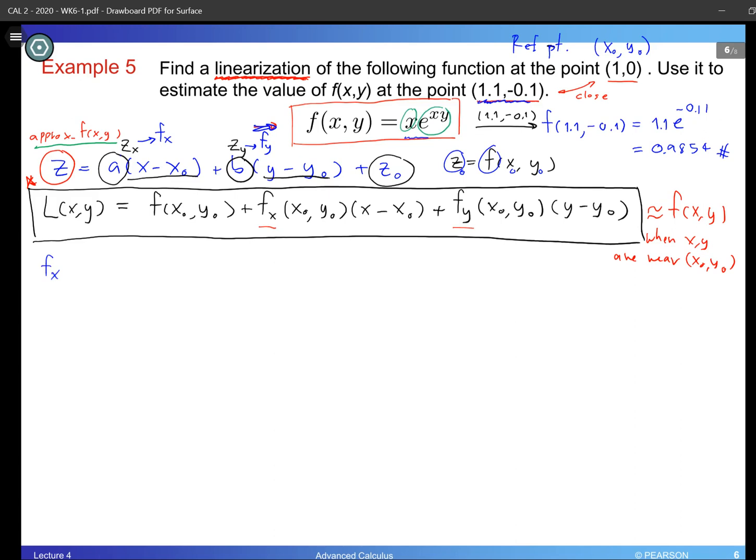product rule to this. Fx right here is going to be u dv. U is x, dv, I diff this e to the power of xy with respect to x. I am going to get this same exponential xy, and then I apply the chain rule and diff the power up here with respect to x. I get y out of that.